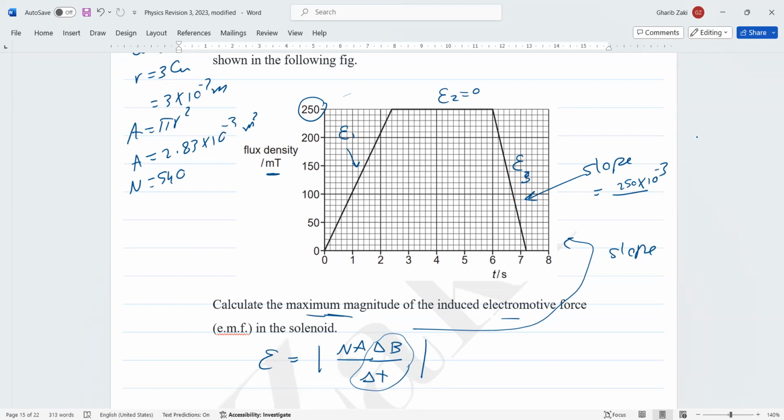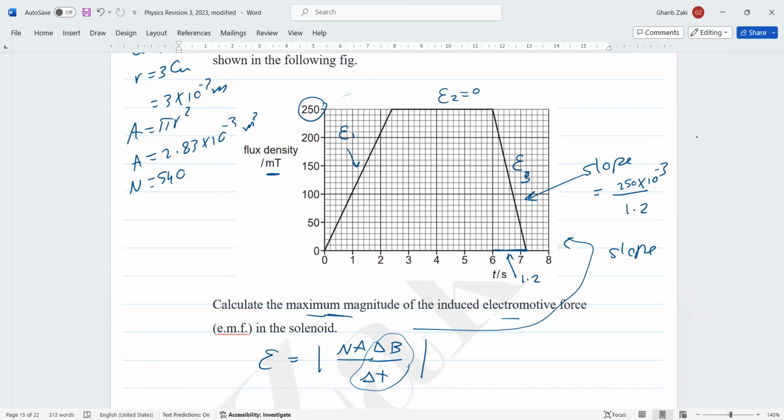The horizontal, this one, can you see here? Each one is 2. So this horizontal part is from 6 to 7.2, so it's 1.2. So over 1.2.